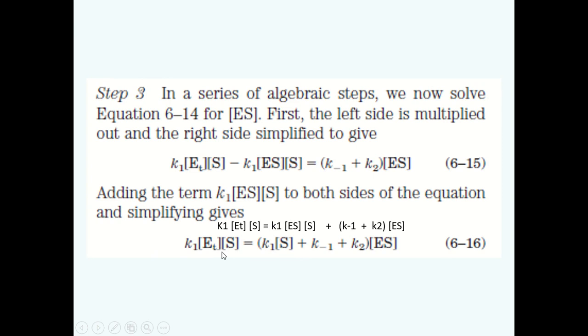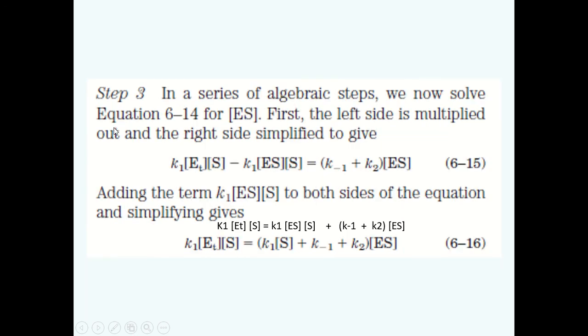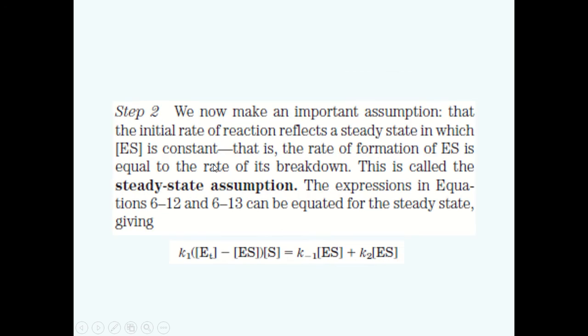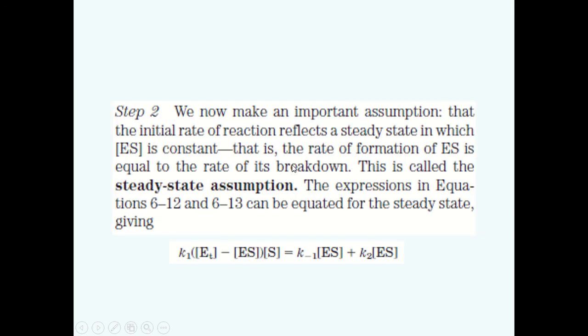So now we simplify this. We multiply K1 with this expression here. So it becomes K1 ET multiplied by S, so that becomes K1 ETS. The other part of this expression is K1 ESS. So this becomes K1 ETS minus K1 ESS. And on the other side of the equation, we take the term ES common from these two.